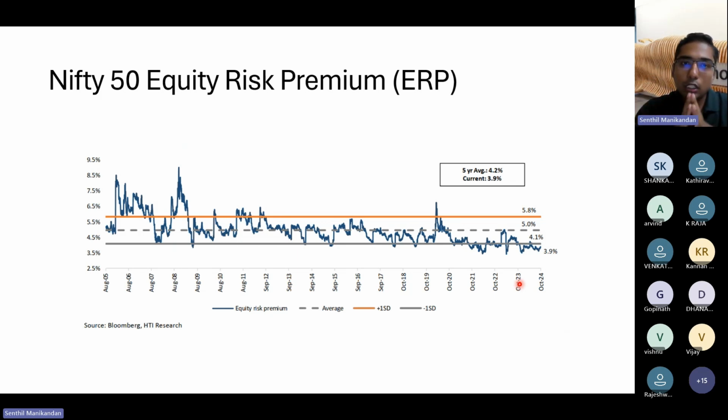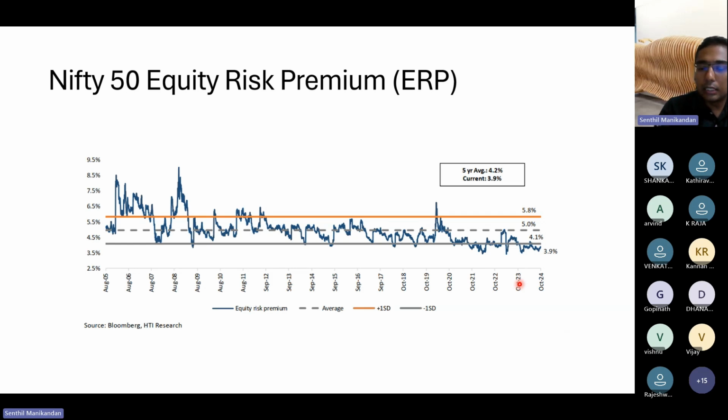When the risk premium is very low, market participants are very aggressive in buying companies at any valuation, because they're okay with a lower return.